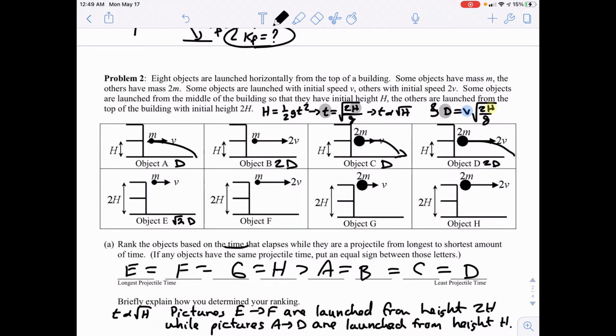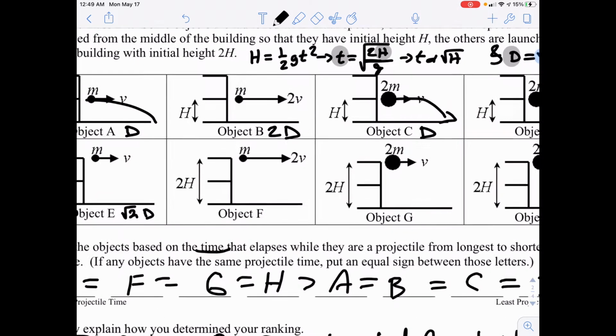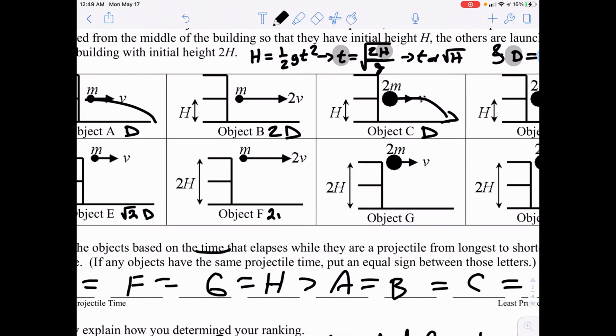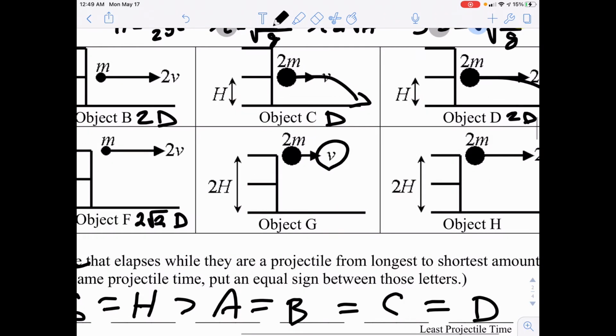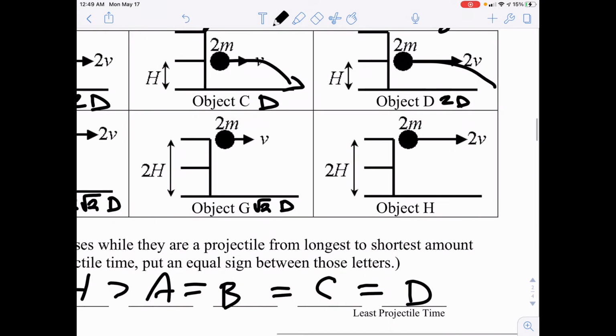Object F, we're going 2V and 2H, so that would be a double times the square root of 2, which would be 2 times the square root of 2 times D. This would be V times 2H, so that would be the square root of 2 times D. And this one again would be 2 times the square root of 2 times D.